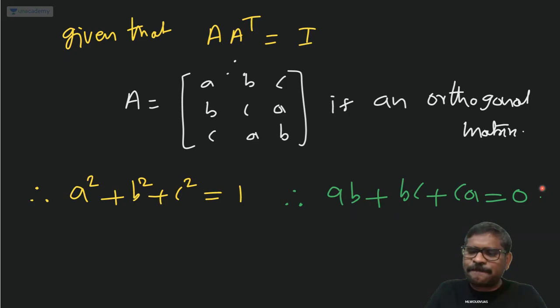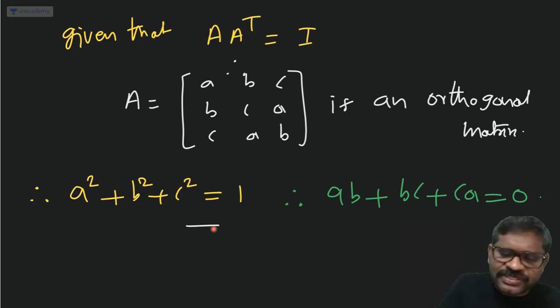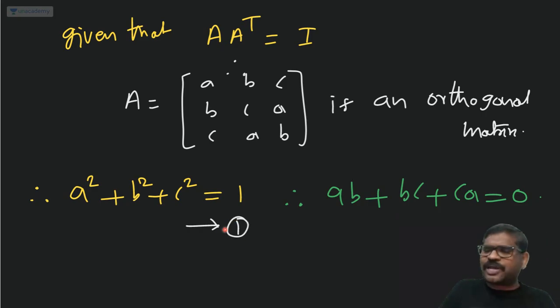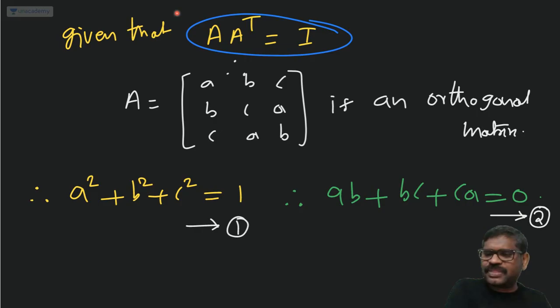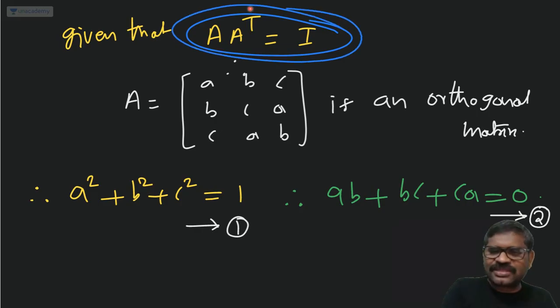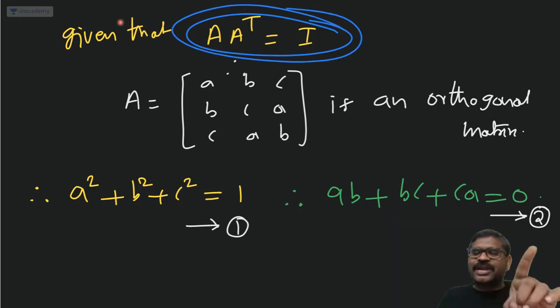Now you have two equations. One equation is A square plus B square plus C square equal to 1. Another equation is AB plus BC plus CA equal to 0. Just by one hint, matrix is orthogonal matrix, we got two equations. You have to use these two equations to solve the problem.